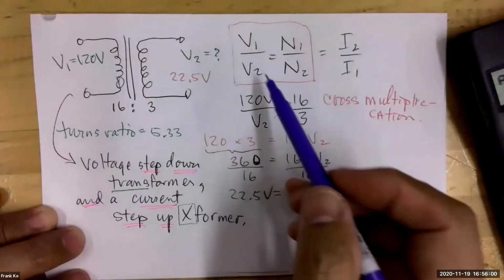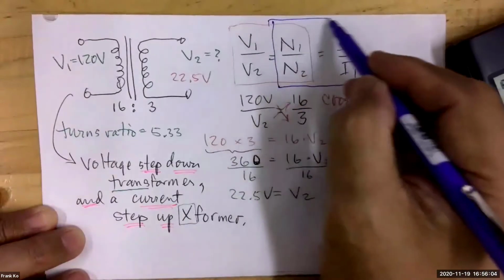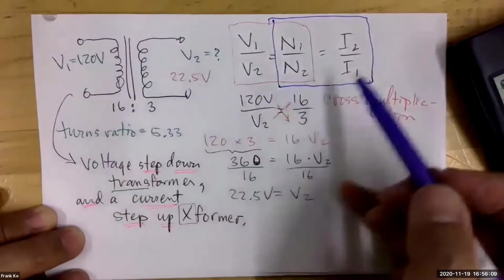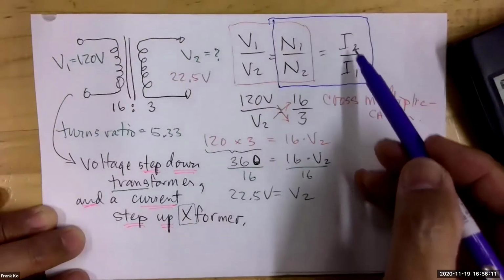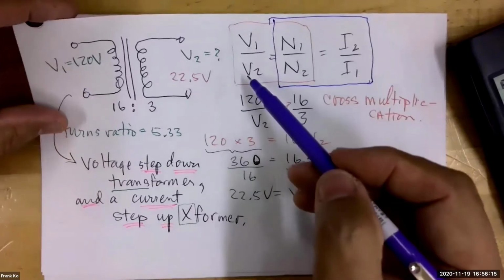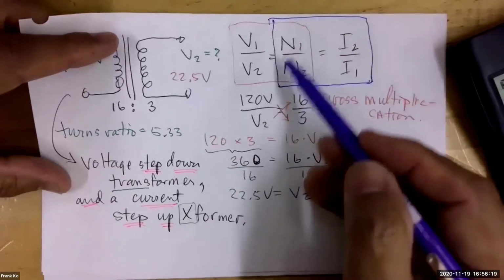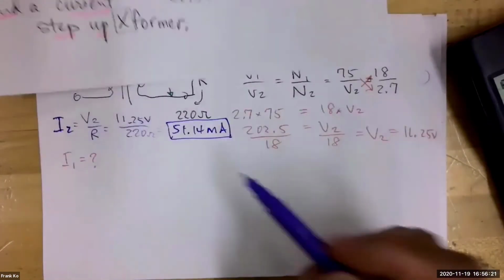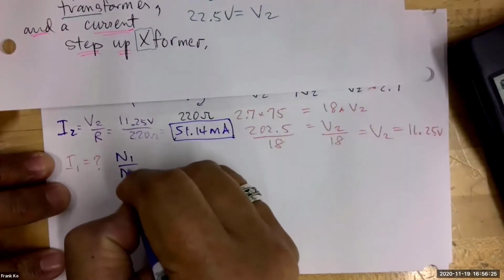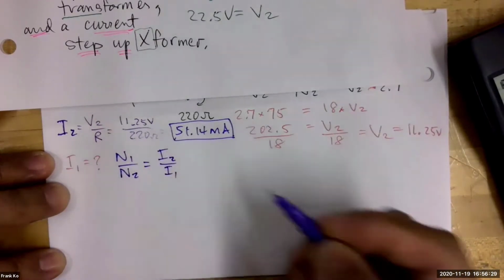So in other words, in this particular case, use these two fractions here, because you're given an N1, N2, and use that to calculate the I1, I2. The voltages, one's given and one's calculated. So try to always start with your givens. So if we're going to use this part of the formula, watch how we apply that here. N1 over N2 is equal to I2 over I1.